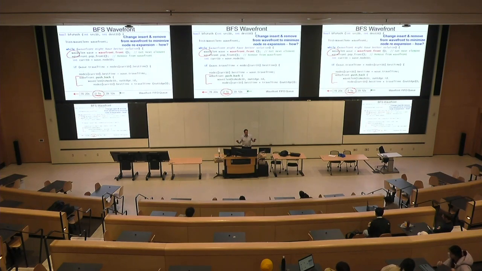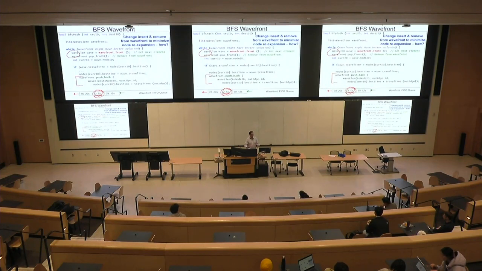That is going to reduce re-expansion, and in fact for simple cases, like basically classic pathfinding cases, it would actually completely eliminate it. You would never find a shorter travel time to a node because the next thing you take out of your wavefront, your to-do list, is always the thing with the smallest travel time. So by doing that, if there's a shorter path to a node, you will find it first, okay?